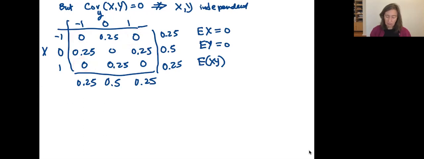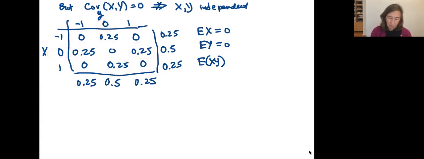The other one's 0 probability, the other one's 0 probability. Or saying the same thing, maybe a more direct way, everything that has positive probability assigned to it has at least one factor of 0. Positive probability here, but x equals 0. Positive probability here, but y equals 0. Positive probability here, but x equals 0.